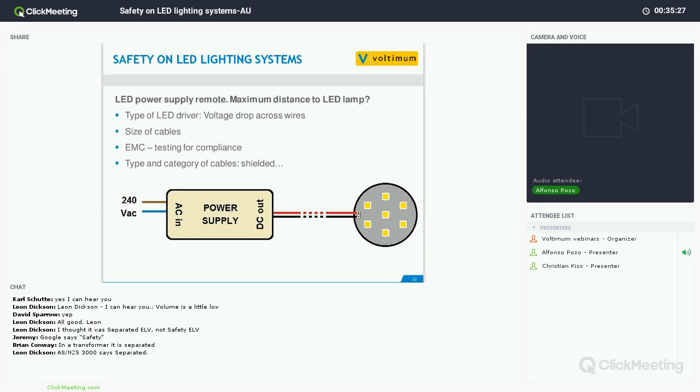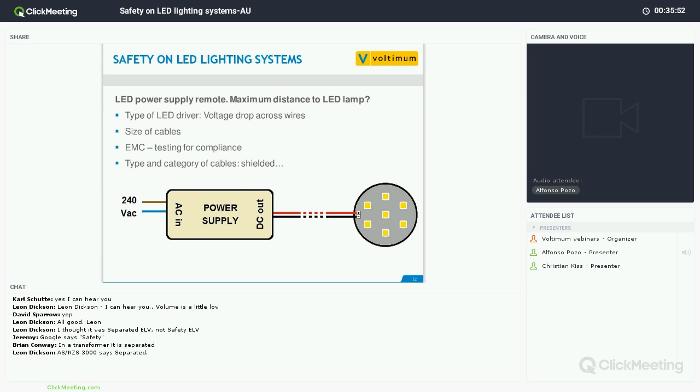Is in such a way that the driver is withdrawn or removed from the inside of the luminaire and connected remotely. It might require new EMC testing and compliance with EMC standards, and in this case for lighting it refers to the Australian and New Zealand standard SPR15.